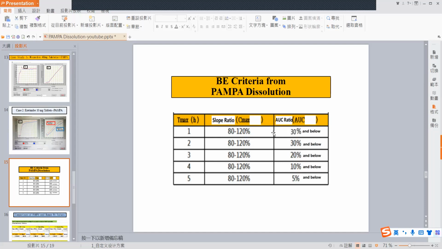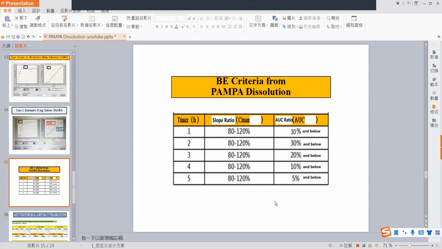So such a table was generated. In terms of predicting the Cmax, we can use the slope ratio, as we discussed, and the AUC ratio we can definitely use for the prediction of the AUC requirement. And then the difference is such, and there are reasons behind it.